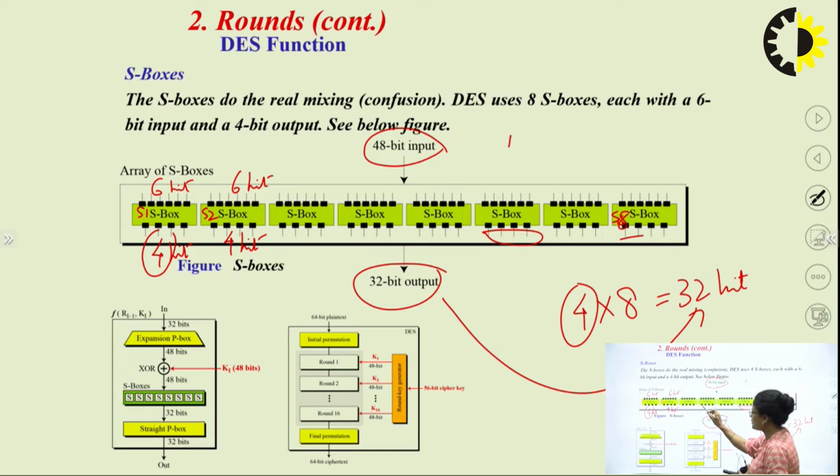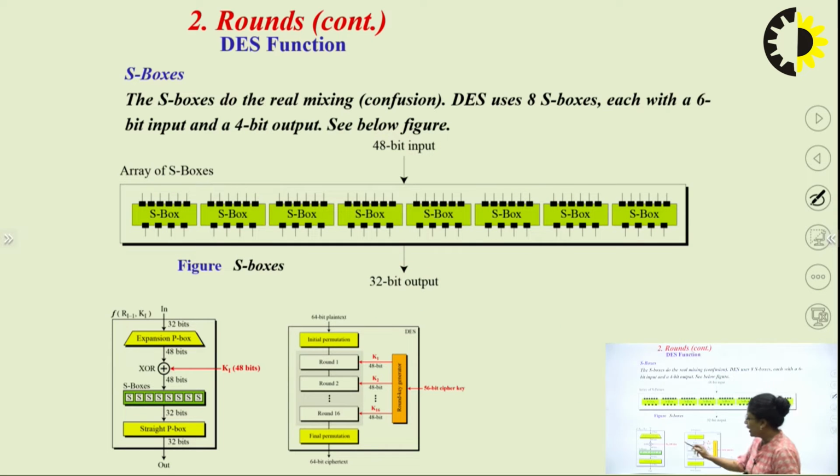Now the next point is what exactly happens inside the S-box. What is the concept of the S-box? Right now we have talked about P-box, and about using 8 S-boxes, each taking 6-bit data and giving 4-bit data as output. Now we'll come to each S-box: what exactly does each S-box do to convert a 6-bit input to a 4-bit output?